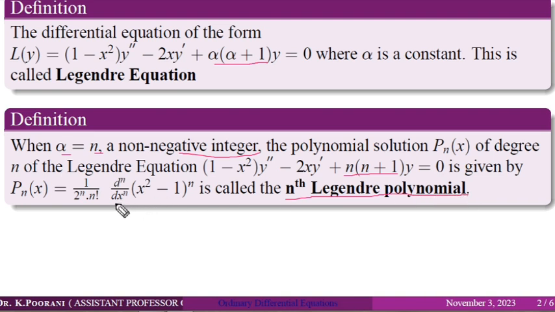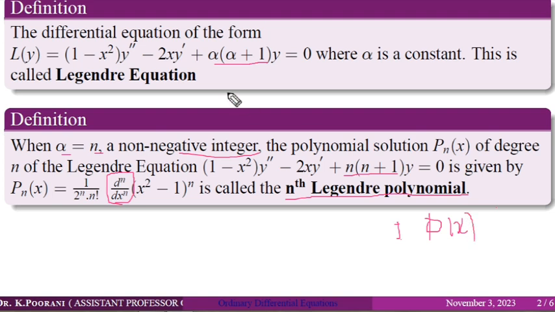Why do we call this the nth Legendre polynomial? We differentiate this n times. All of you know that if there is an equation, there must be a solution. In ordinary differential equations, we denote the solution as phi of x.